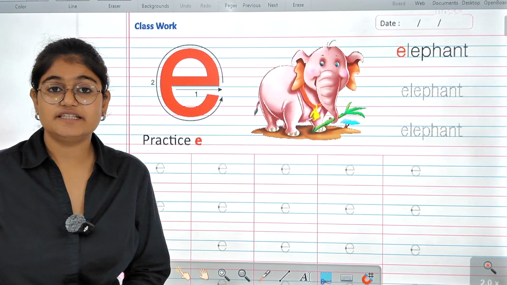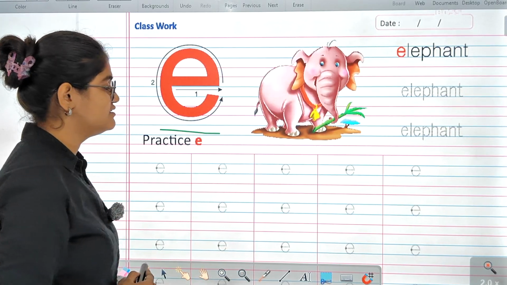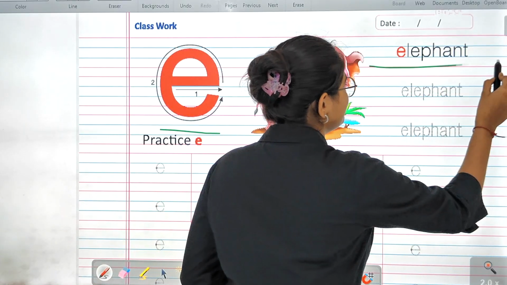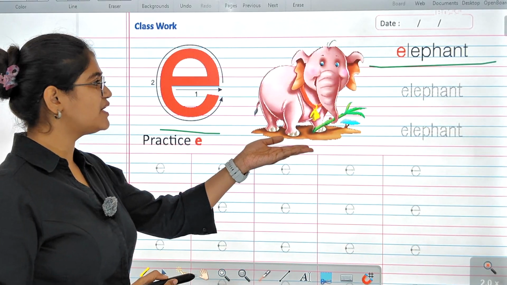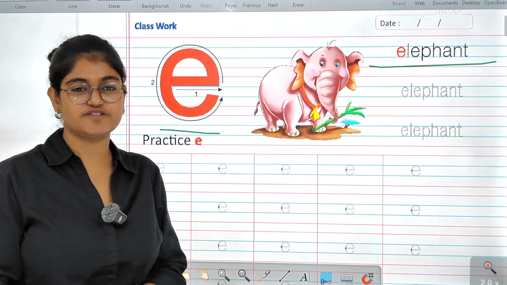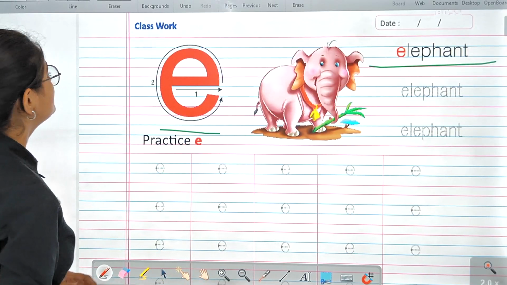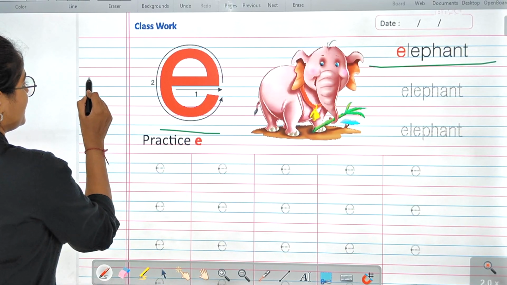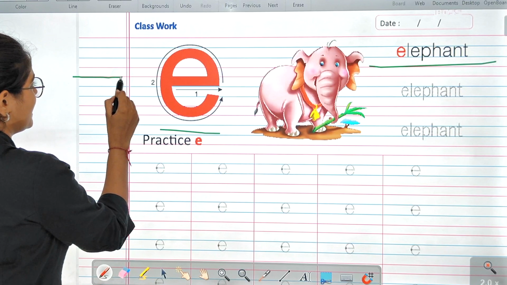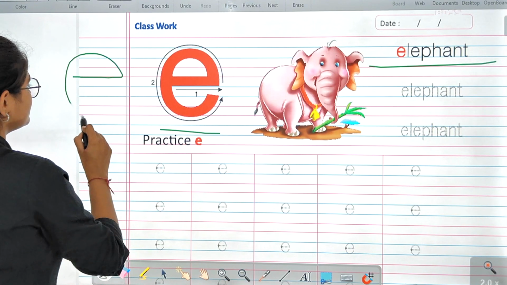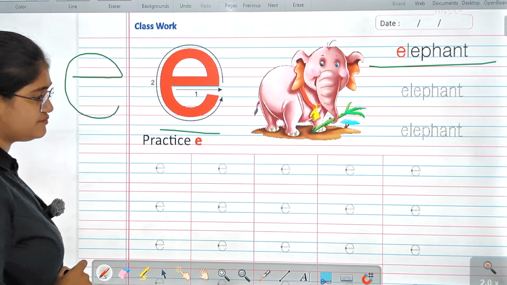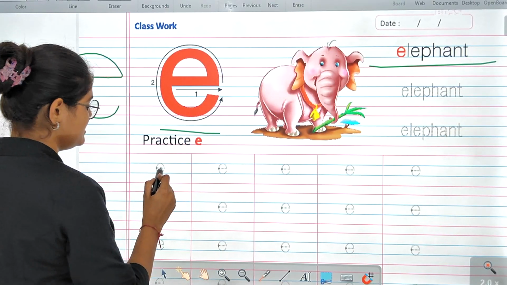Now the letter that we have is E. E stands for elephant. As you can see, there is a big, huge baby elephant over here. Now let's practice how to make E. Just one sleeping line and a curve from its end makes E. Now let's practice it in lines.